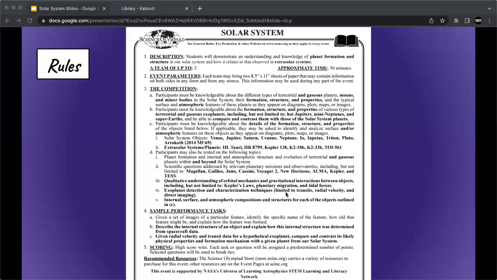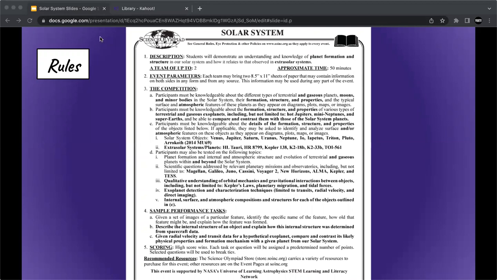Anyways, let's look at these rules. So, like meteorology, solar system is another study event. If we look at number 2 on the event parameters, we see we can also have cheat sheets, 2 sheets of paper, so 4 sides of information.